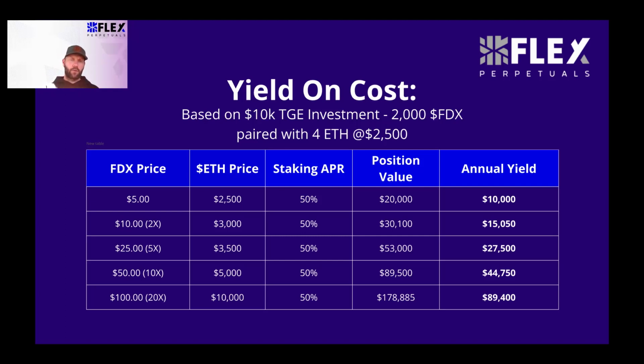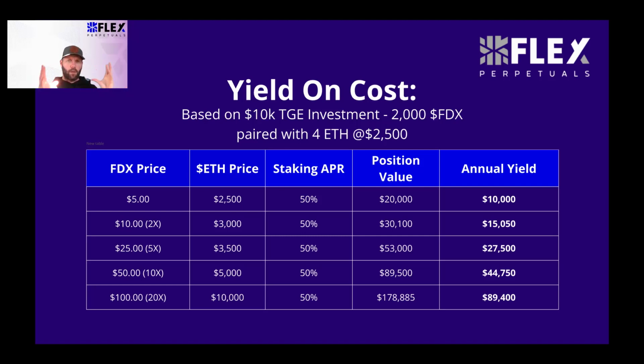If you get involved in the token generation event, here are some not predictions, but examples of what things would look like depending on various different prices that we may see in the future. And the key for this is this concept of yield on cost. So you want to be earning as much as you possibly can on the value that you invest at the outset.